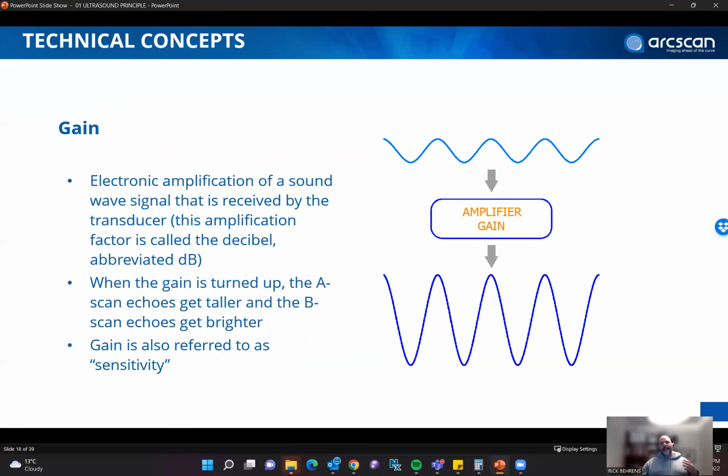Now, the gain. Imagine, for those like Steve Holland, that is a music band, the gain is the volume. It is how much power we are giving to the piezoelectric to produce a sound wave. In regular standard ultrasounds, you have a knob, and this knob is going to give you more or less power, and so more or less gain.